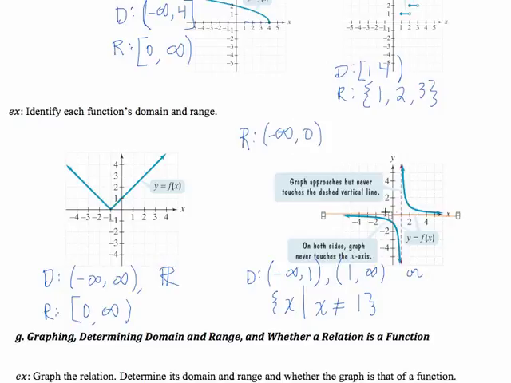But 0 is not in the range. This is an asymptote and the function never quite touches that x-axis. 0, and then after 0 we pick back up right here and go on up to infinity. Or similarly to this, you could say the set of all y such that y does not equal 0.